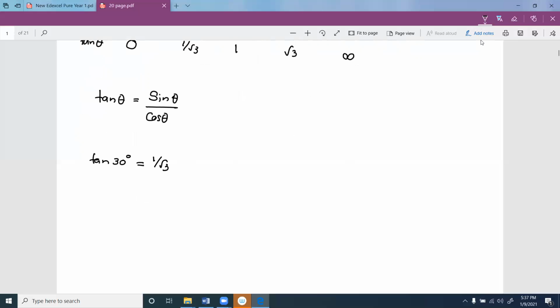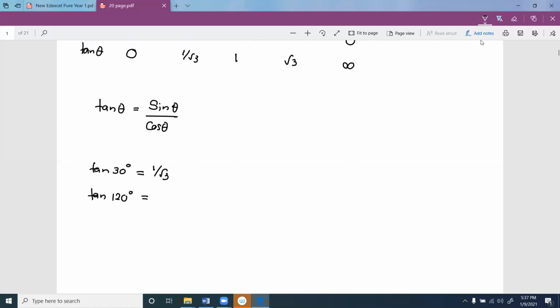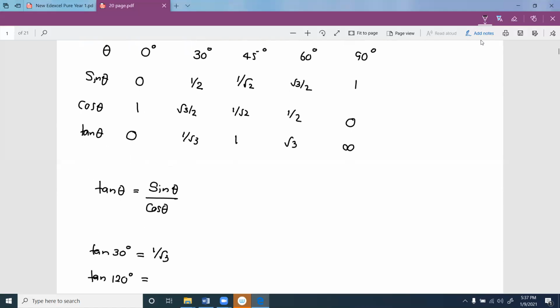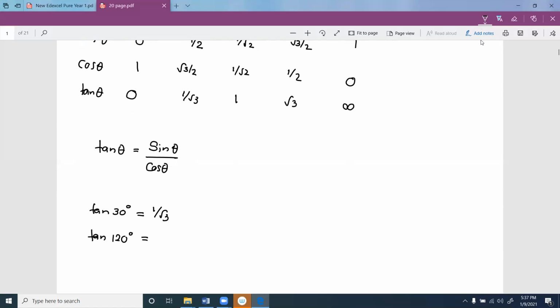Okay. Now, for example, if I need to find tan 120, is there any way I can use this table and obtain an answer for this? That is our objective of learning the first part of this topic. Is there any way of finding a figure for this? Right, okay. This is a way of doing it today.